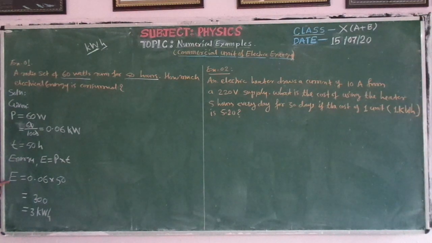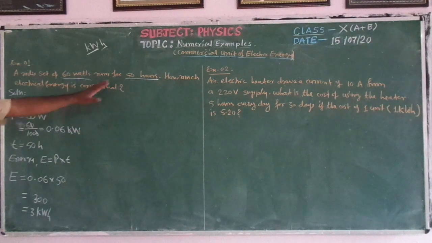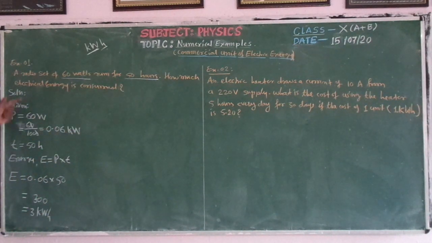Therefore the total energy utilized by that radio set, if it runs for 50 hours, is 3 kilowatt hour.